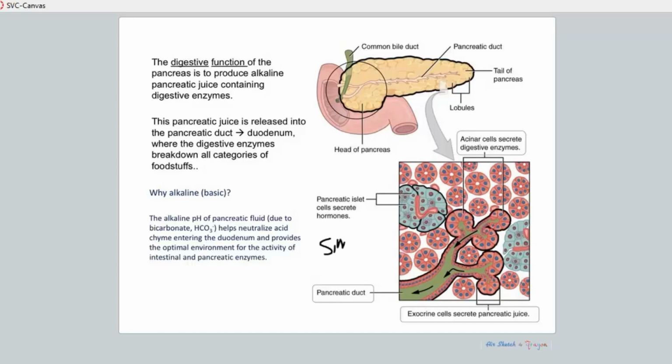Those are simple cuboidal cells. And simple cuboidal cells like to make things. They like to secrete things. And so they're going to secrete alkaline digestive juice with digestive enzymes into this duct, which is going to make its way to the pancreatic duct, and the pancreatic duct delivers those products to the duodenum.